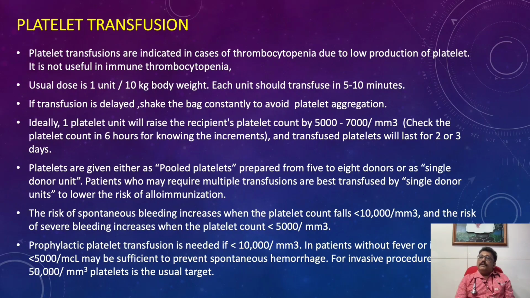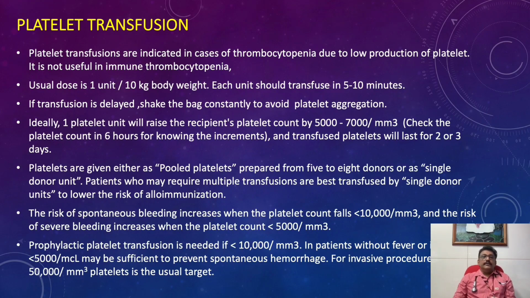So repeated transfusion should be avoided. That is very important. If you are continuously transfusing for a small reason, a large number of antibodies will be produced against these platelets, and whenever we transfuse the same type of platelet next time, it will be immediately destroyed in the circulation.